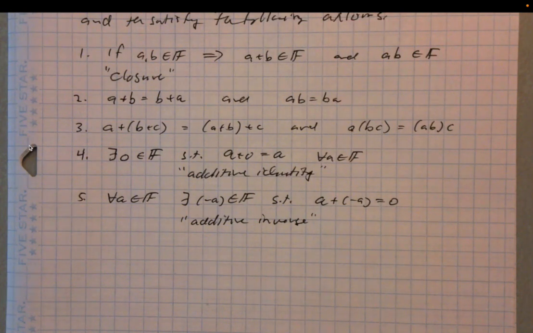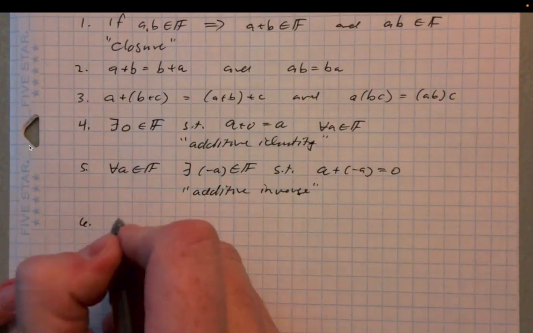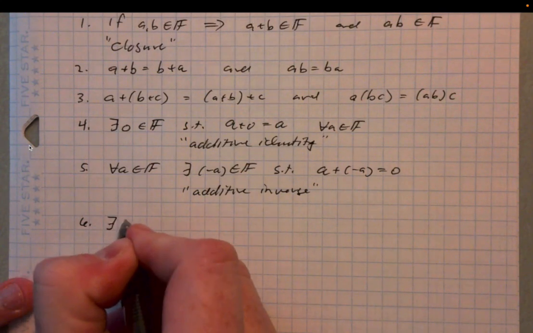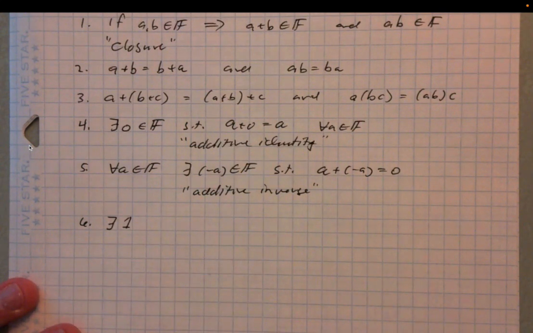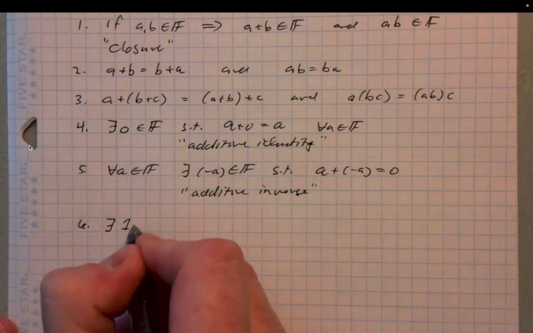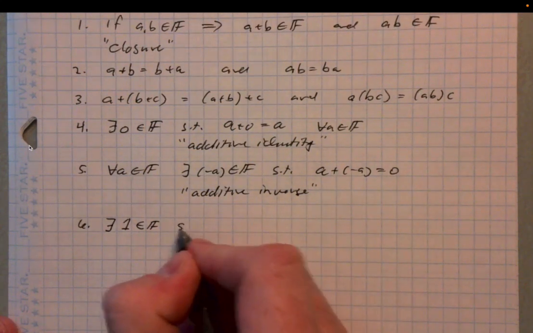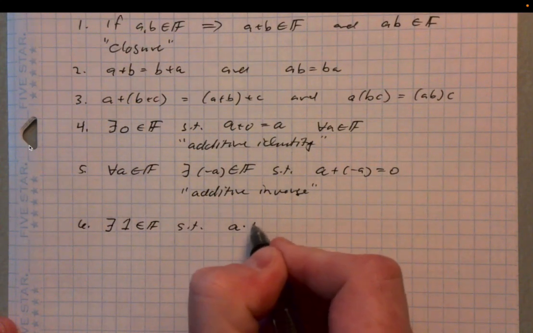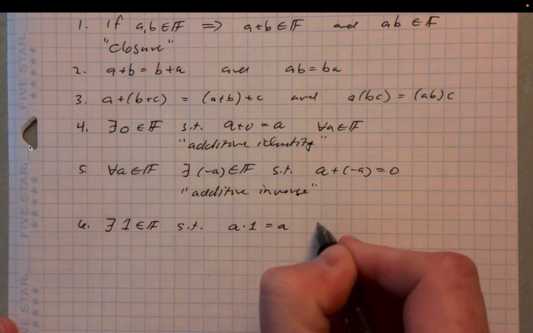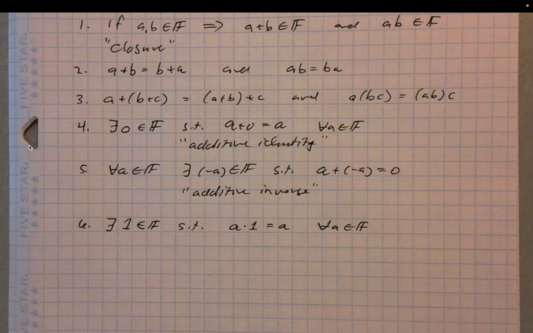All right. Number 6. Similar to number 4, there exists an element usually denoted as 1, certainly in Q and R. There exists a 1 in the field such that a times 1 equals a for all a in the field. Now this is going to be the analogous concept to the additive identity, but for the multiplication operation.